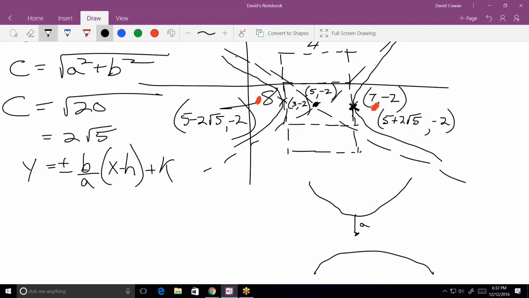And the slope of the asymptote would be A over B, not B over A. This is the right equation, incidentally. I looked it up. And that's only for horizontal hyperbolas. For vertical hyperbolas, it's y equals plus or minus A over B times x minus h, plus k.